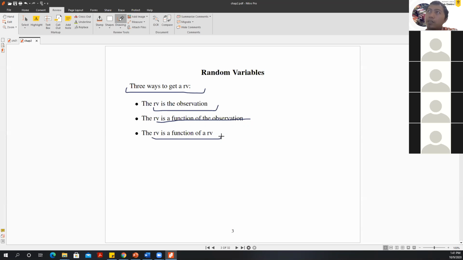It's a function of observation when we measure the temperature at the surface of the rocket.